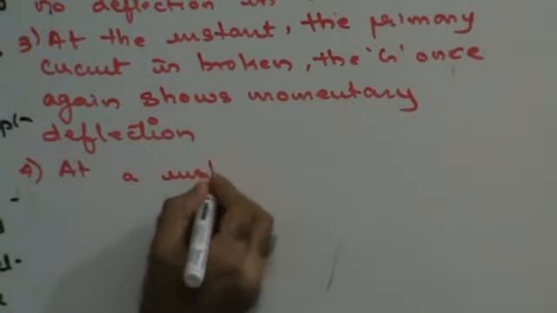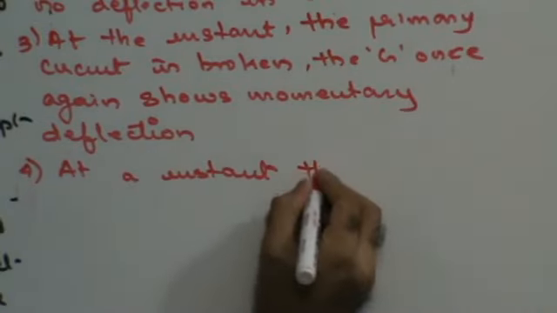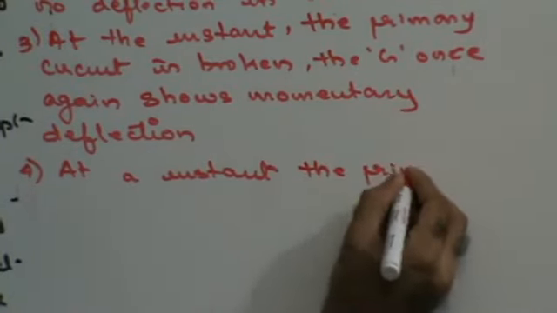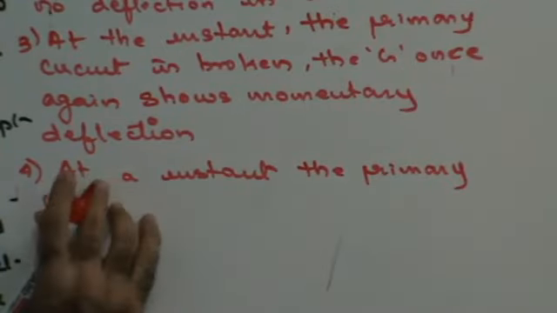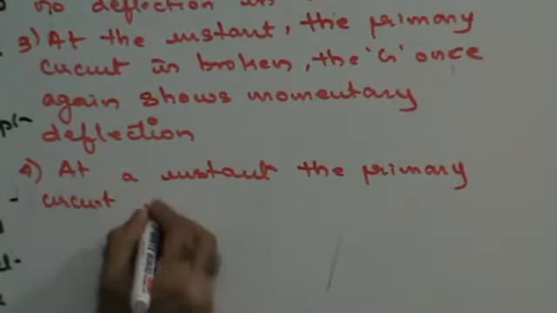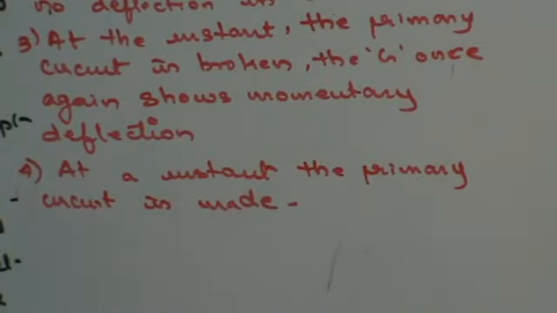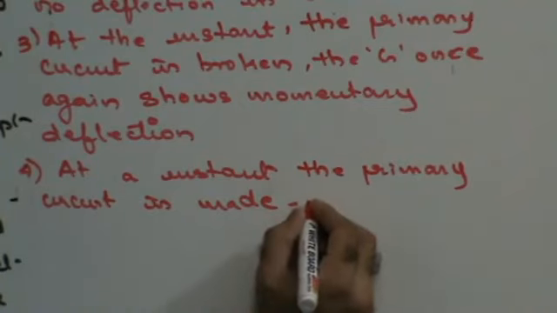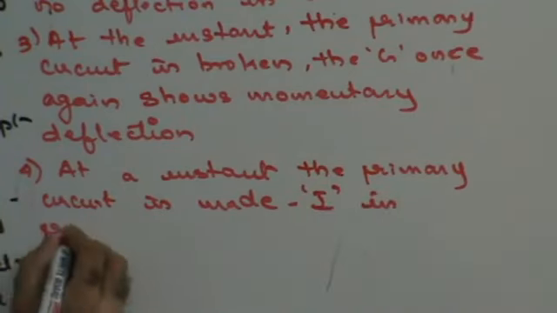Right? Let's write this down. At the instant the primary circuit is made, current in the primary grows from 0 to maximum.